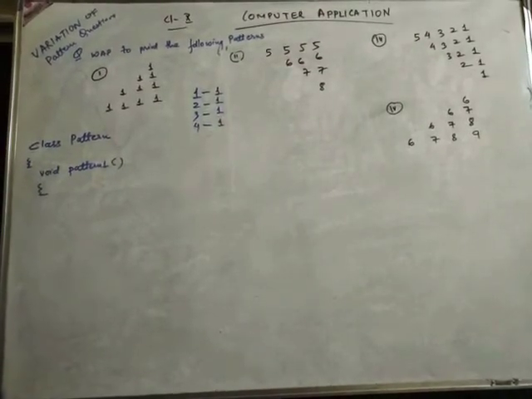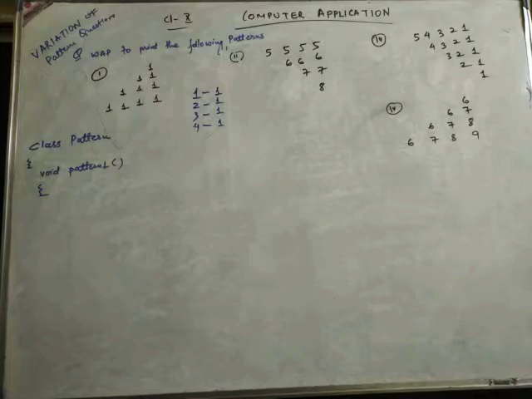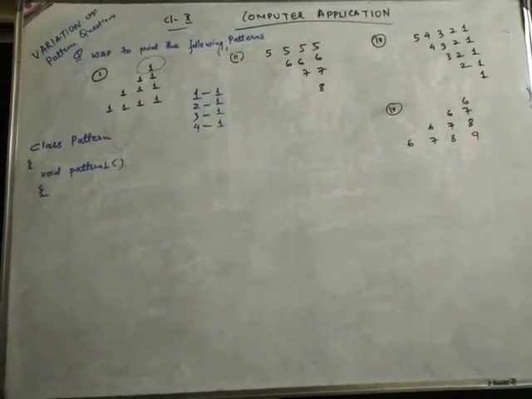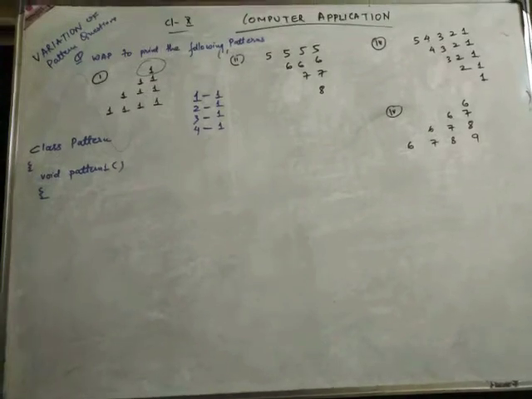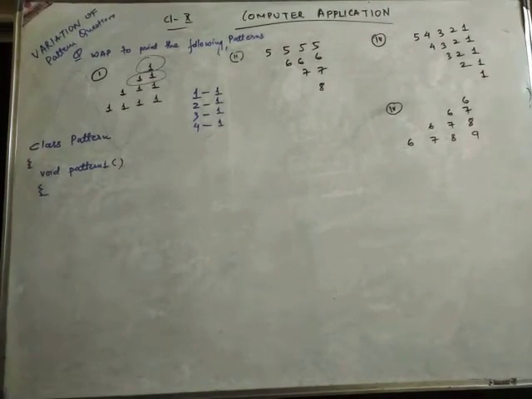Why did I write 1 in the right column? Because I have to print. If you see in the first line of question 1, observe the first line. I have to print only 1, one time only. In the second line I have to print 1, 2 times. In the third line I have to print 1, 3 times.